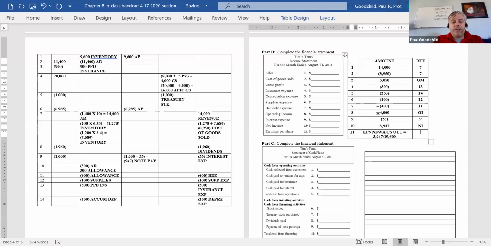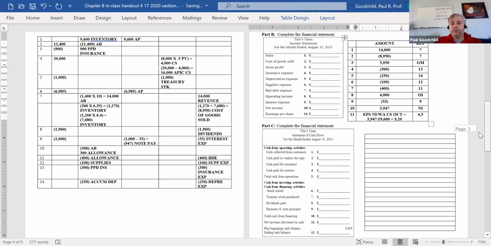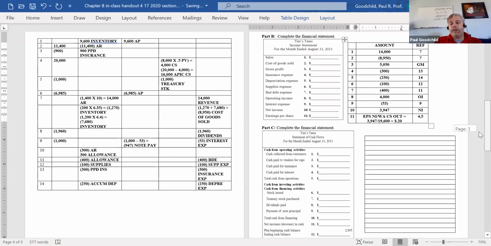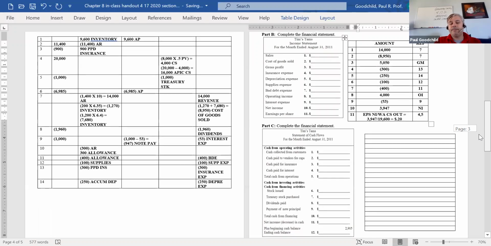We calculated that from numbers 4 and 5. And that ends up being 0.20. All right, any questions on 1 through 11?